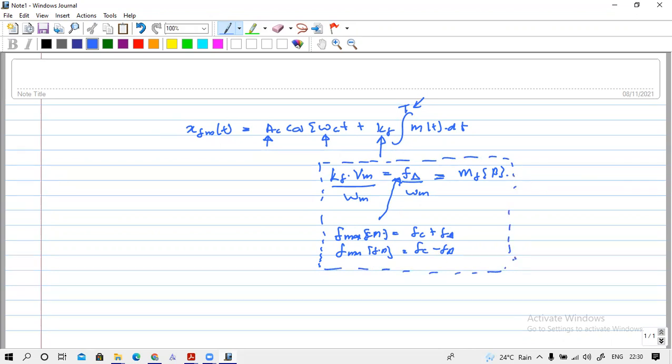You already know that m(t) is our message signal. Practically it may be an audio signal, video signal, or image signal, anything. This is our baseband signal.